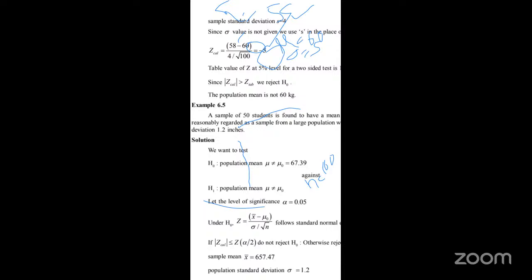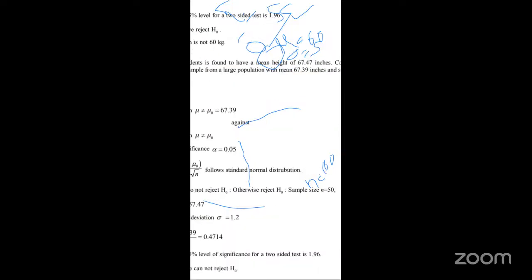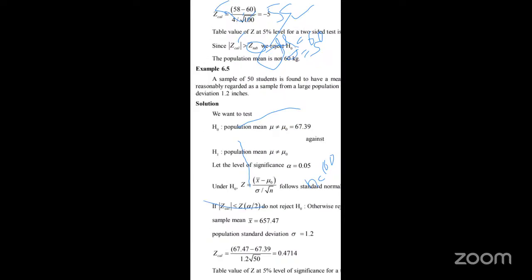The next one: a sample of 50 students has mean weight 67.47. Can it be reasonably regarded as a sample from a large population with mean weight 67.39 inches with a standard deviation of 1.2 inches? Same problem here. What is given?